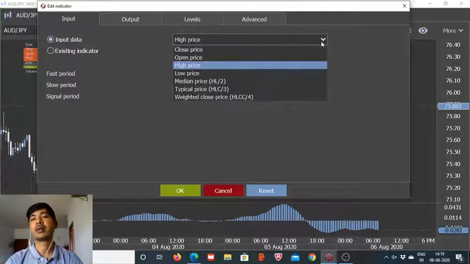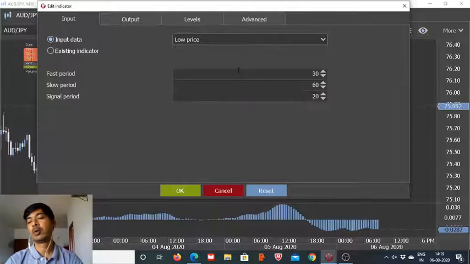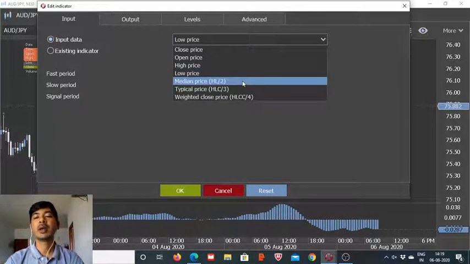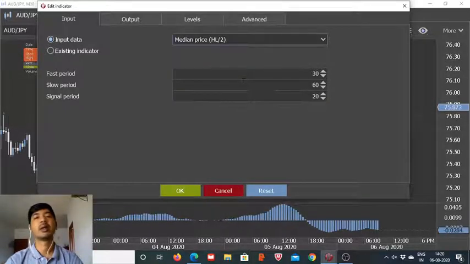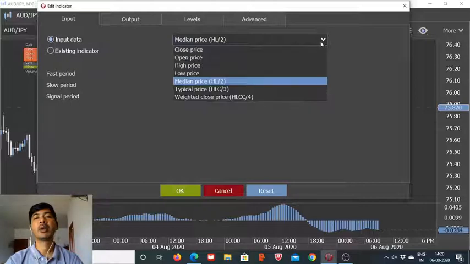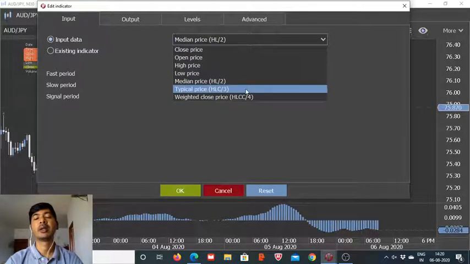Again, high price gives you a different output, low price gives you a different output. Broadly speaking, the momentum will be on the same side, but of course some deviation might be seen, and that is simply because we are calculating this output value while using different input values.